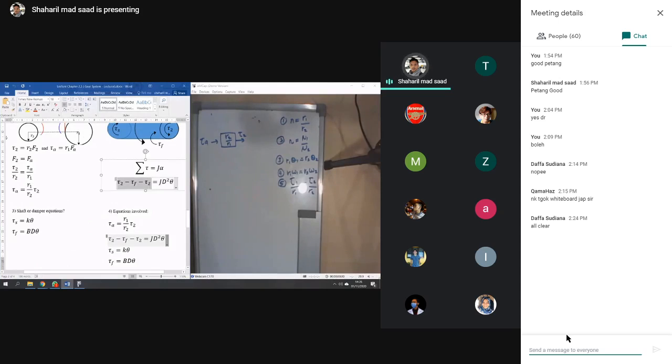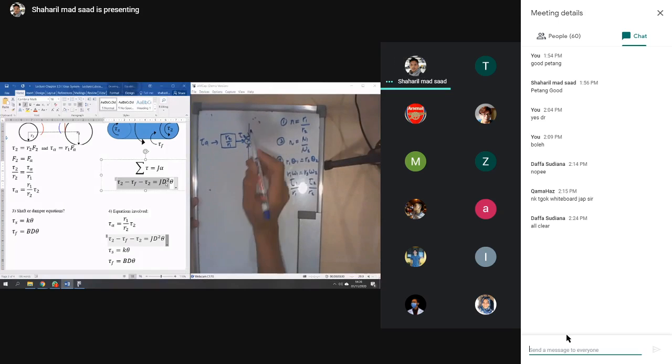equation number 2, T2 minus TF. So you can have the comparator here. T2 minus TF here, this one will be minus and this one is plus, and T2 minus TS. Then you multiply with 1 over JD squared, then you can get theta.